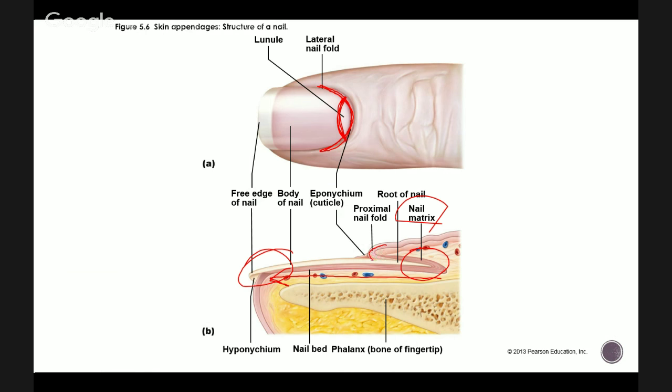Proximal nail fold, which is proximal to the cuticle itself. We have lateral nail folds here, for what we call hangnails. Got the actual body of the nail that lays on top of the nail bed. And then we have the free edge of the nail.